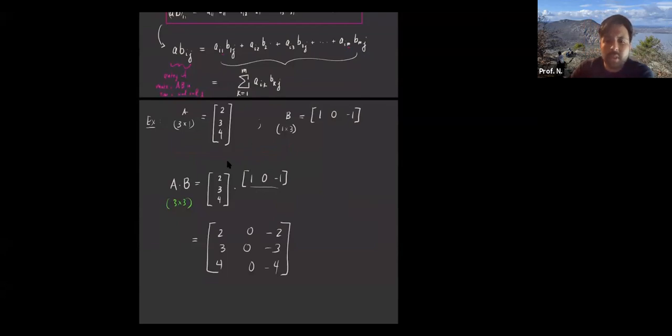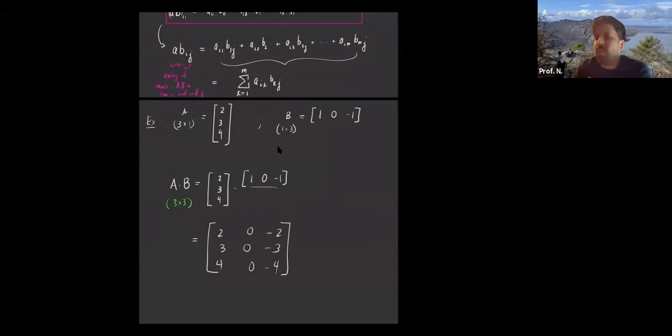Would there be a question where the rows don't match the columns? If the number of rows doesn't match the number of columns of the second matrix, then you wouldn't be able to perform matrix multiplication. So I'm assuming if you have a question like that, it would probably be a trick question. It would be like, can you multiply these two matrices?